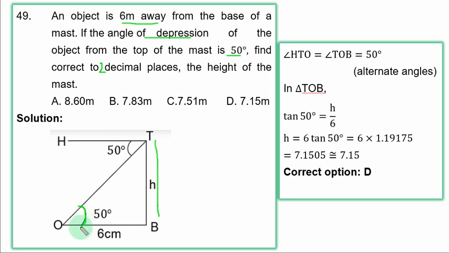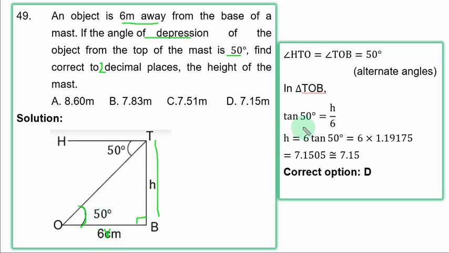And angle of elevation and depression are always equal because they are alternate angles. So you have from the base, the distance is 6 meters. Distance is 6 meters, not centimeters. So to get height, we consider triangle TOB. This angle is right angle, so you have 50 degrees, H and 6 meters.